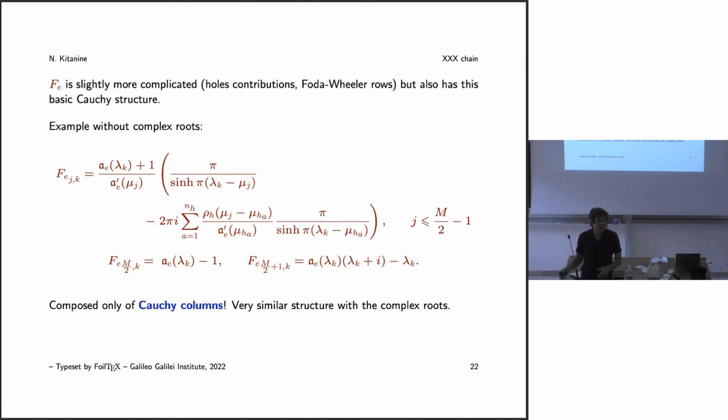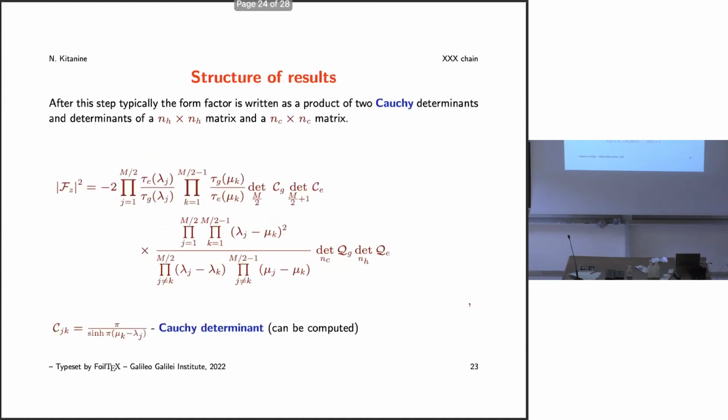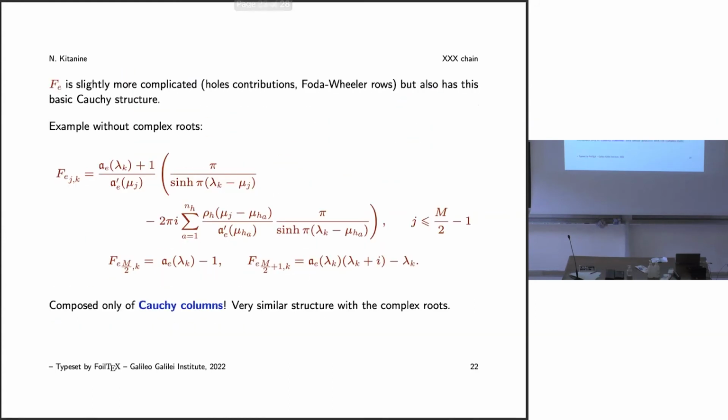And in the second formula, you should consider the Bethe state, the excited states. It becomes more complicated. You have once again the Cauchy matrix, but it's sort of perturbed by a finite rank matrix.